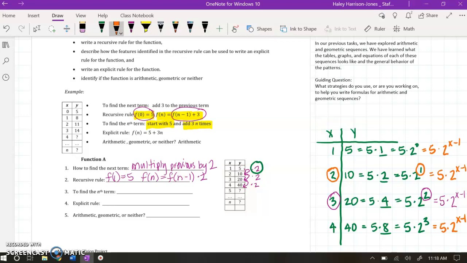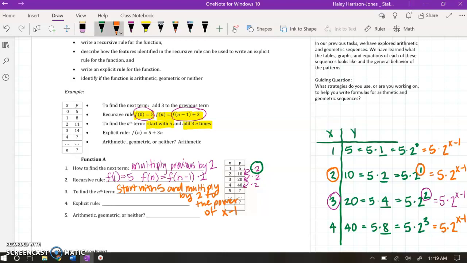To explain this in words, I start with 5 and multiply by 2 to the power of x minus 1.